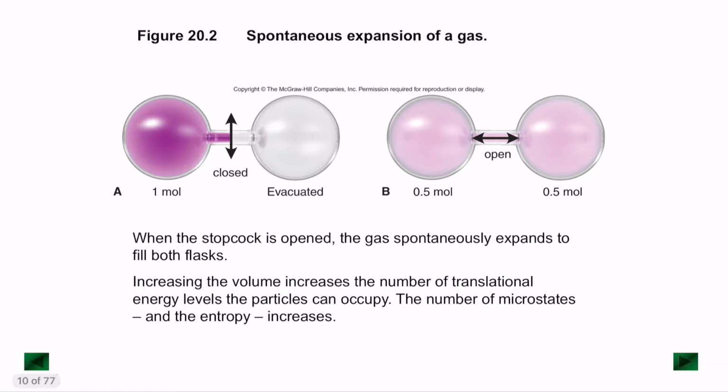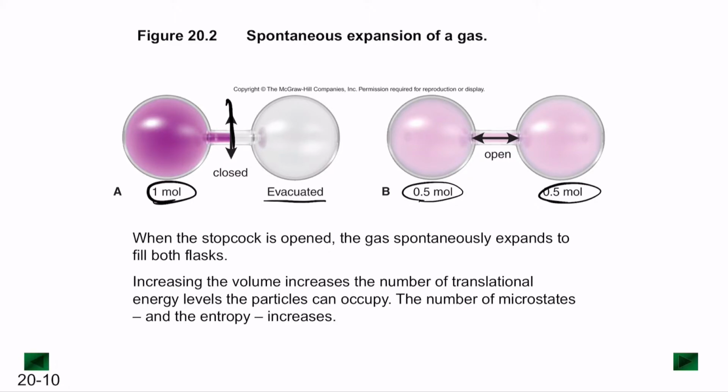So let's take an example of a spontaneous expansion of a gas. Let's say we have 1 mole of gas on one side, which is completely filled, and another side which is evacuated. Once you open this valve, you're letting the gas pass through it. The gas will continuously expand until the moles in both sides become equal, so the amount of gas in both of them becomes equal.